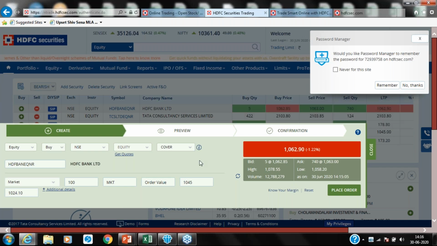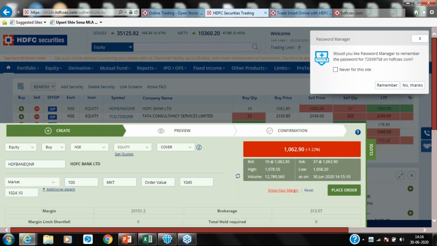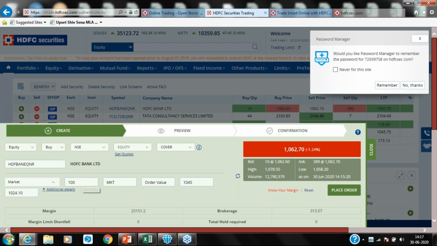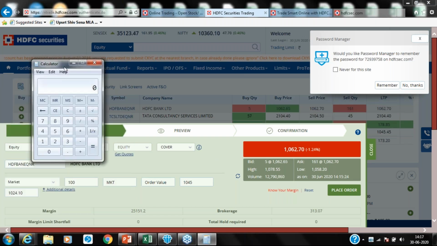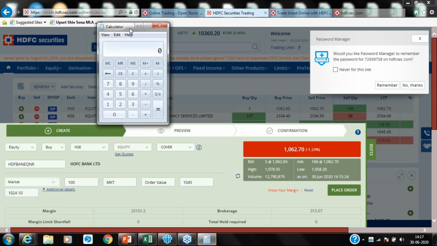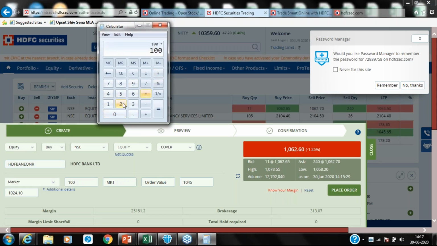Okay, it's very simple. With the help of the margin calculator you can check the margin which is required. You can see in this example the margin requirement will be around 25,151 rupees for executing this order. Now we can calculate the benefit that we are getting. Let's suppose I want to buy 100 quantity of HDFC Bank at 1062 level.